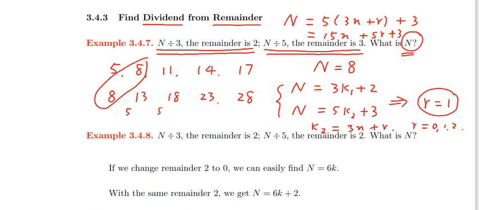So this number should equal 15n plus 8. When n equals 0, this number is 8. When n equals 1, this number is 23.